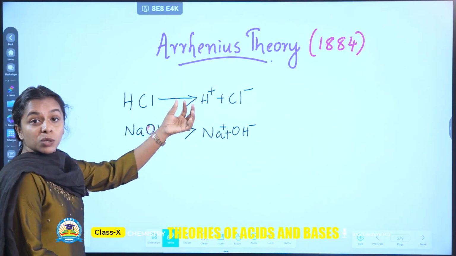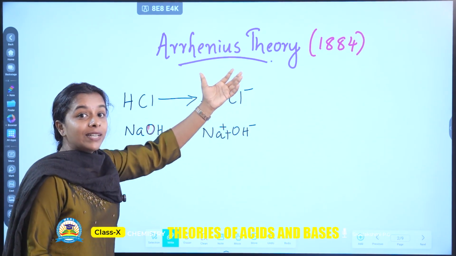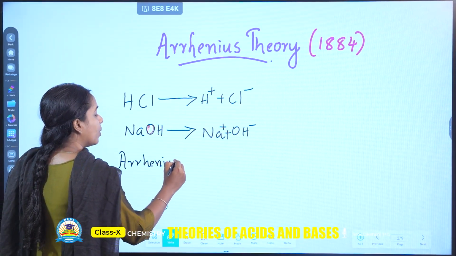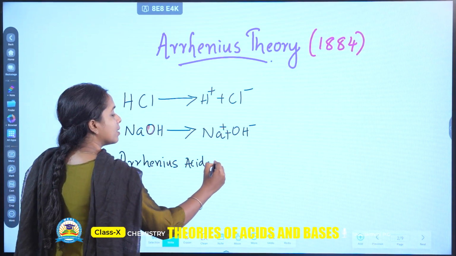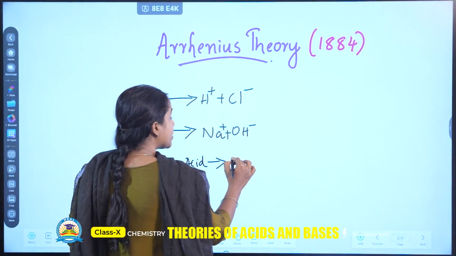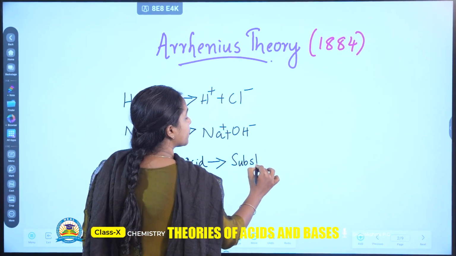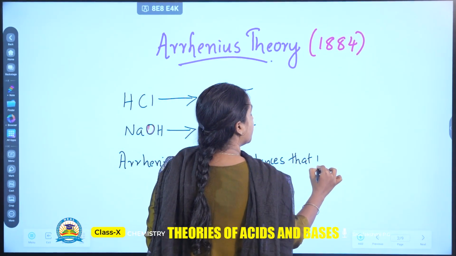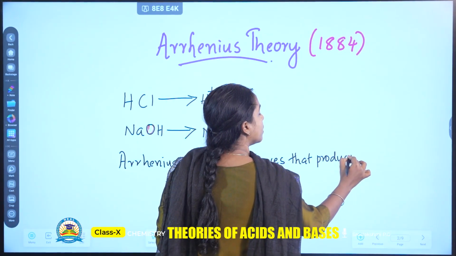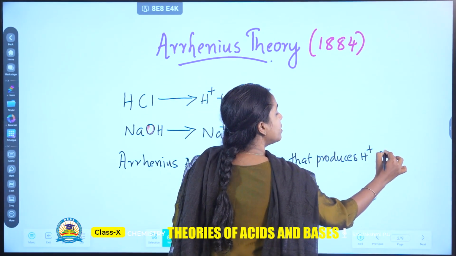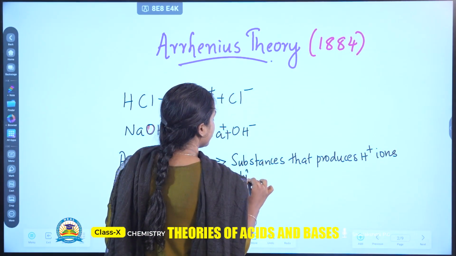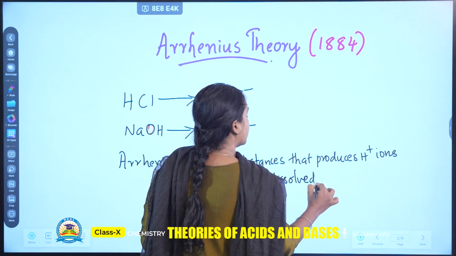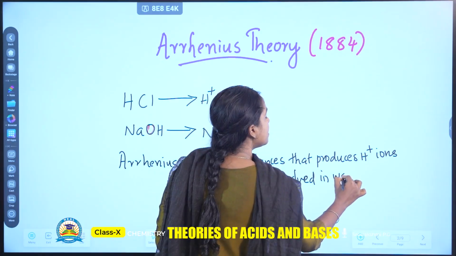Such acids which can produce H+ ions when dissolved in water are known as what? Arrhenius acids. So what is an Arrhenius acid? Substances that produce H+ ions when dissolved in water are known as Arrhenius acids.